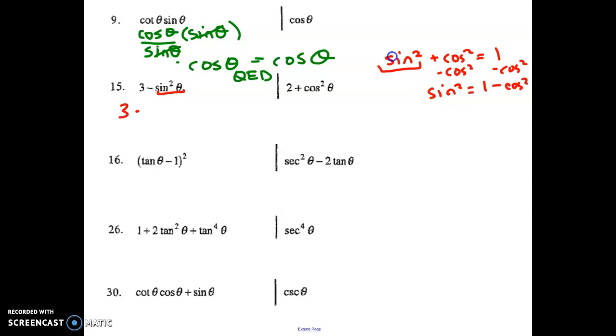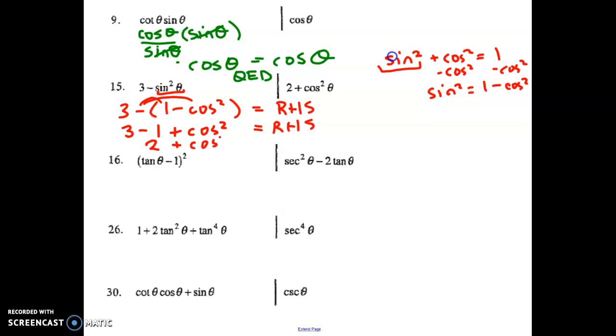So we get 3 subtract 1 subtract cos squared, and that's going to equal over here the right-hand side. Now this negative can go into my brackets, because remember you don't actually want brackets in your other side. So let's get rid of it by multiplying that negative in. So we get 3 subtract 1 plus cos squared theta. And when you go to your 3 minus 1, you get 2 plus cos squared theta, which does equal the right-hand side. So we'd say QED, the question has been finished.